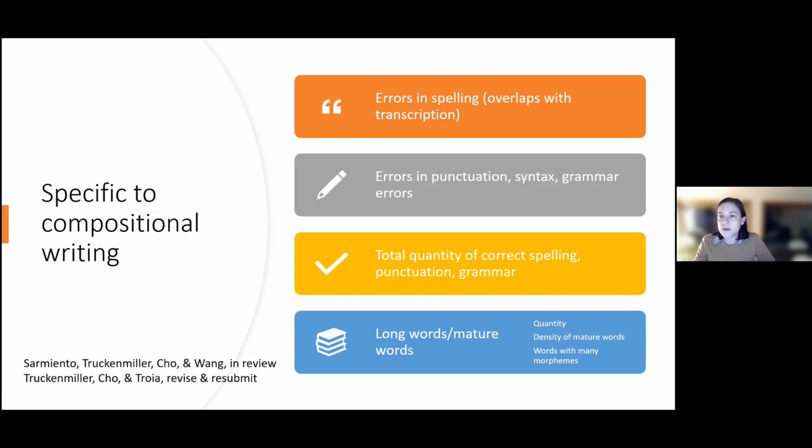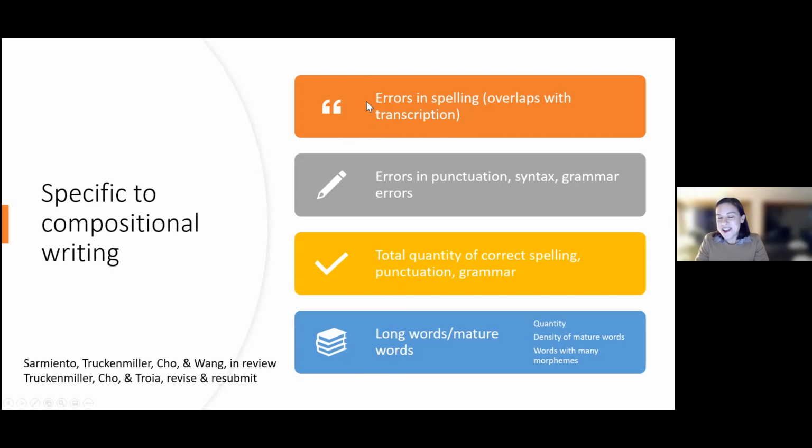What's been really cool, our latest findings that are still making their way through the publication process, but we've completed all these analyses, is we do find that these 4 areas are really important. The first one being spelling errors.